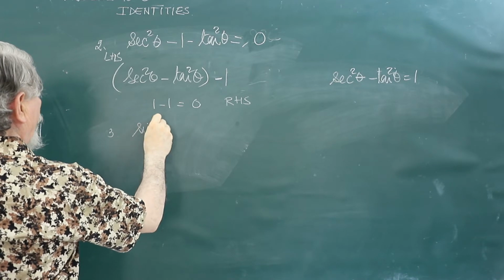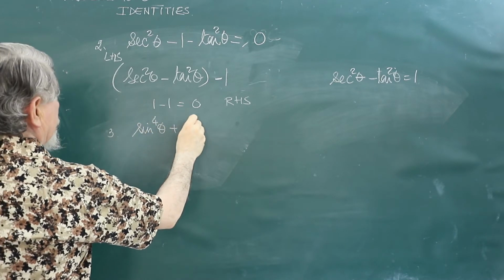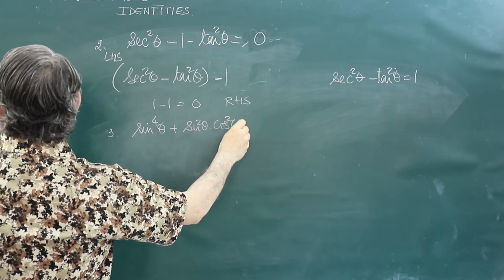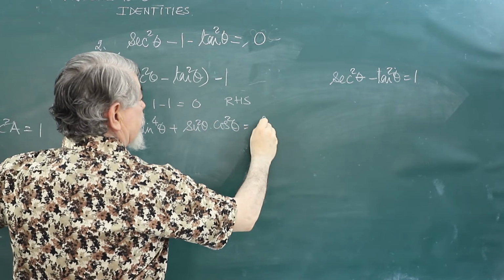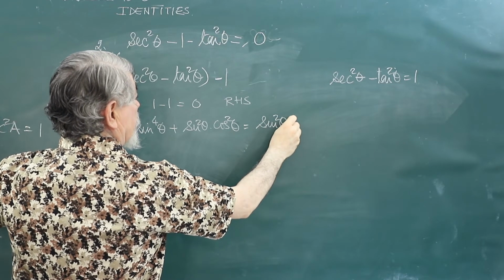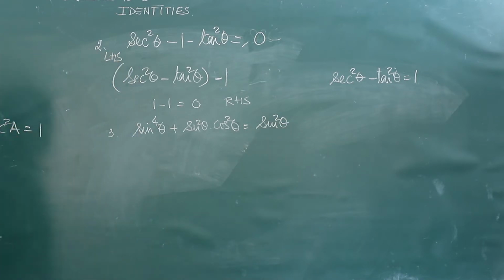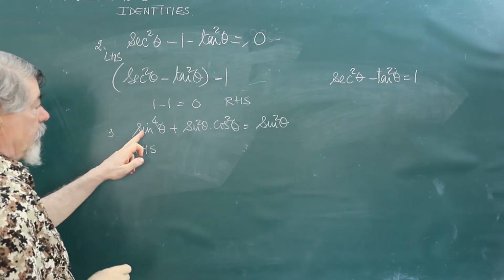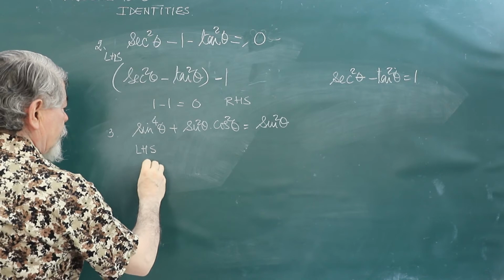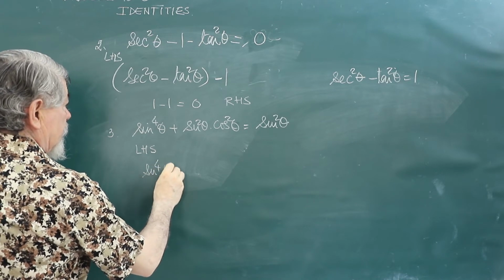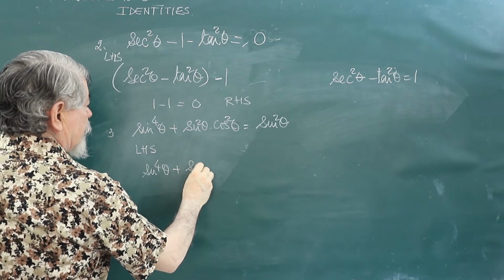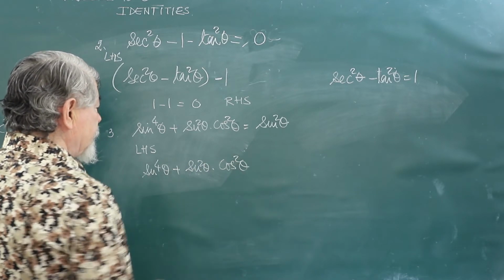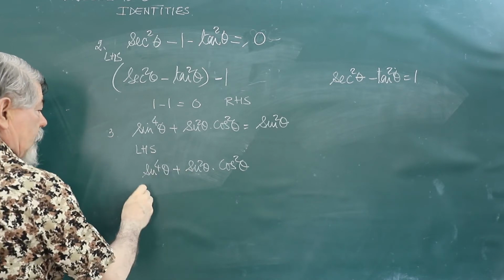Sine to the power 4 theta plus sine square theta cos square theta is equal to sine square theta. Let's take the left hand side. Out of this I can take sine square theta as common.